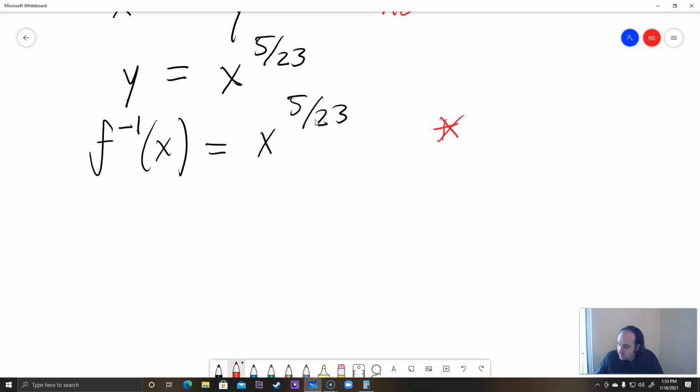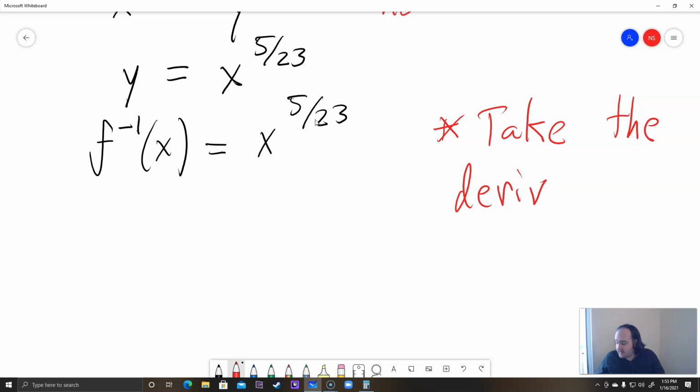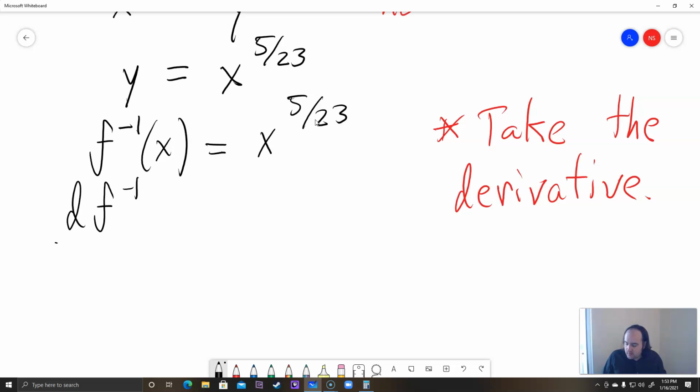Okay, so take the derivative, and that will give us our df inverse dx. Okay, so taking the derivative, this one isn't too bad to take the derivative of. Basically all you have to do here is the power rule.